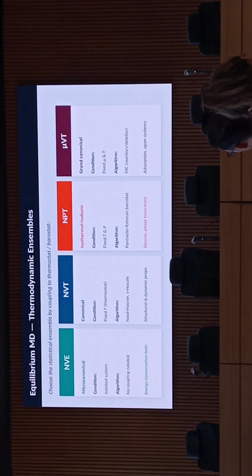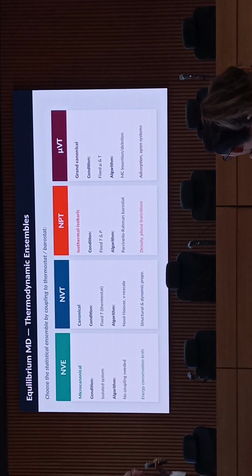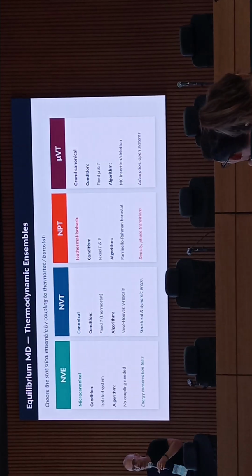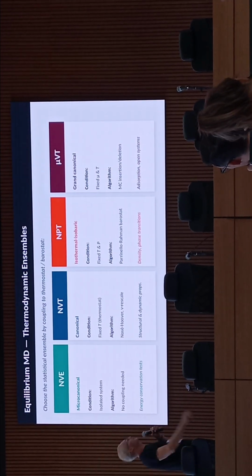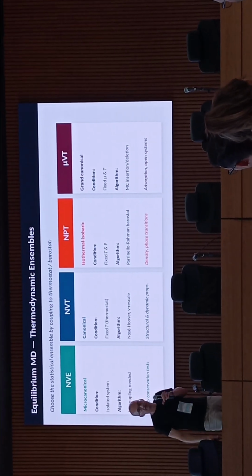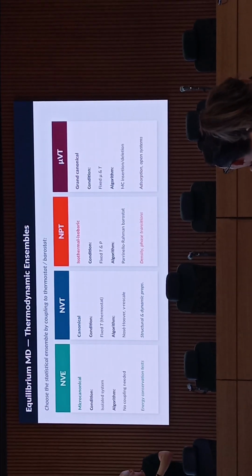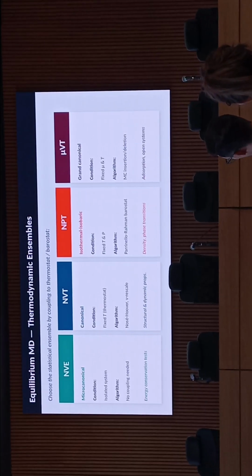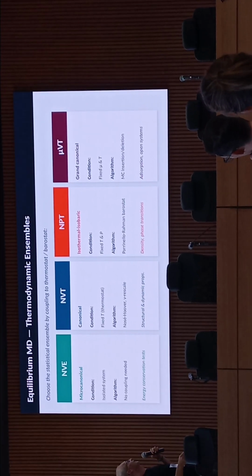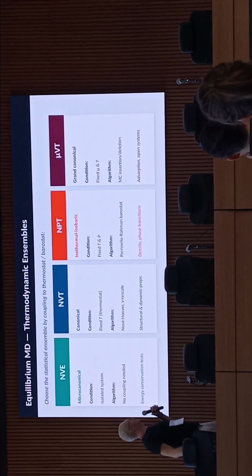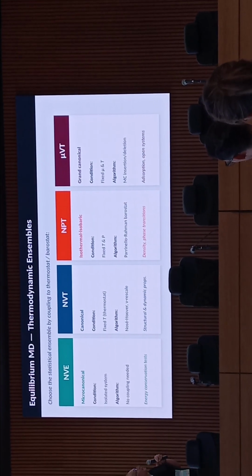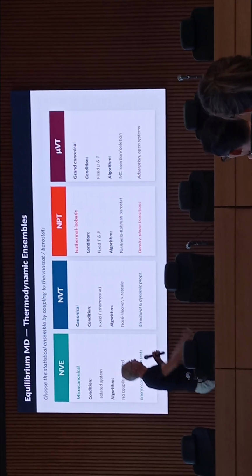But sometimes you also need to take into account that the volume of your system can fluctuate, and this you can do in the isobaric ensemble, NPT. So you can add arbitrary fluctuations of the simulation box size to the dynamics. It's very useful for simulating crystals, very useful for simulating chemical reactions, and you can also study phase transitions there.